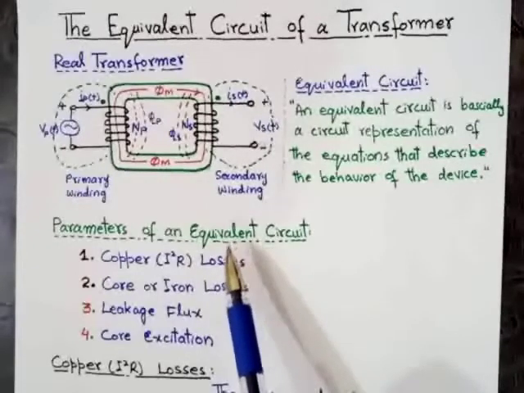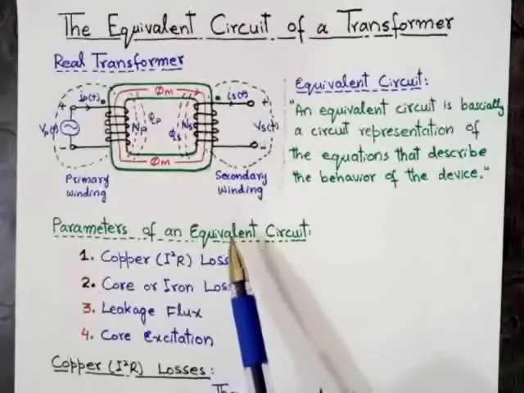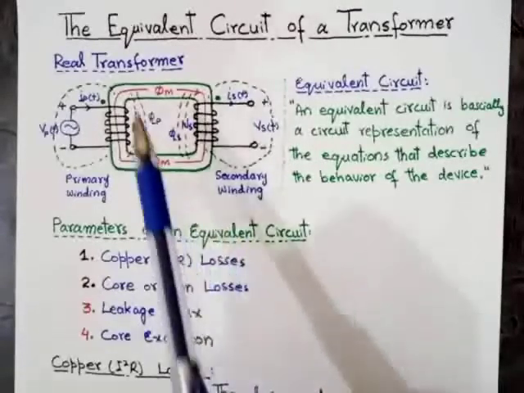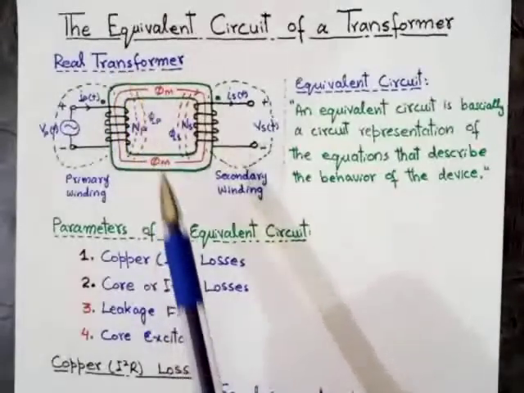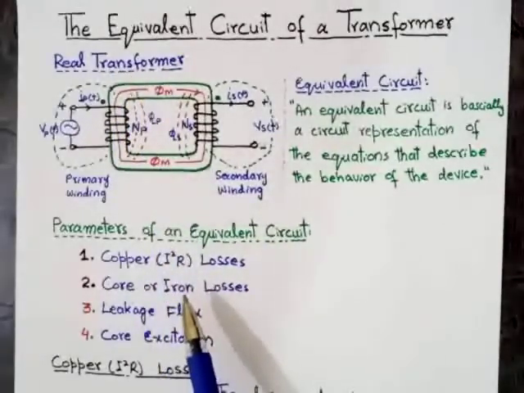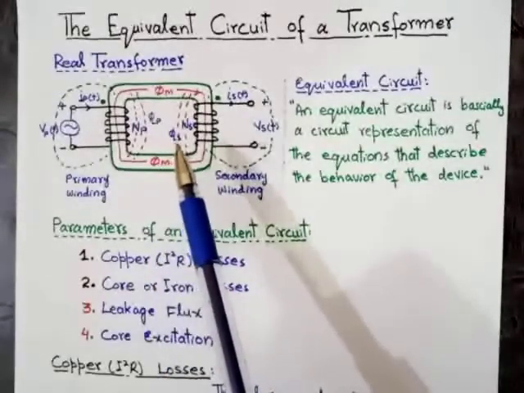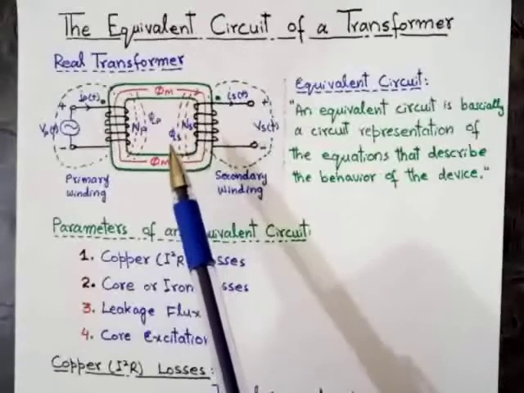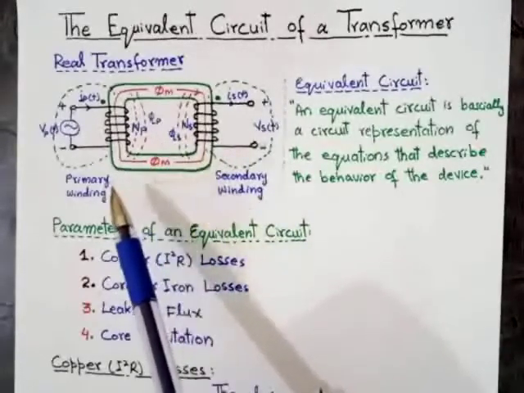As we know, an ideal transformer is a lossless device. But in a real transformer, different types of losses occur. The diagram of a real transformer is shown here. As you can see in this diagram, there are two main windings.